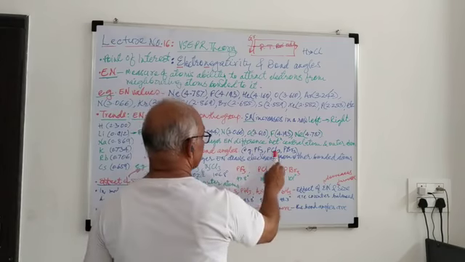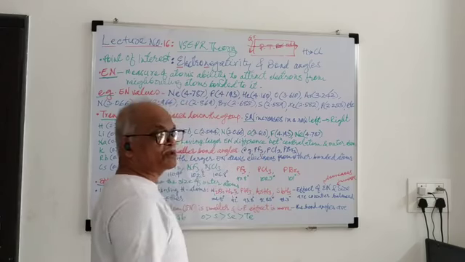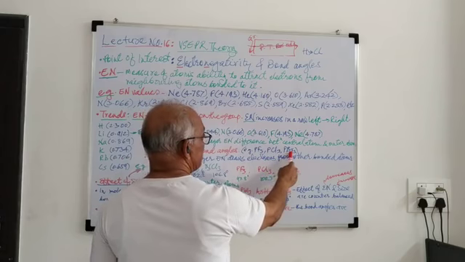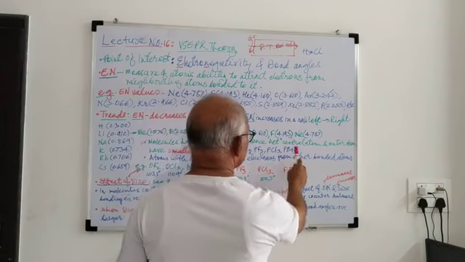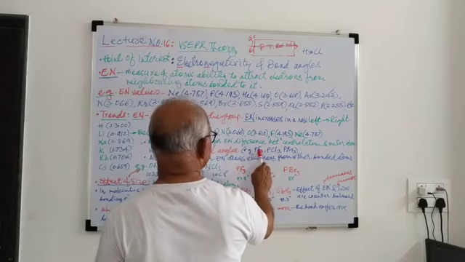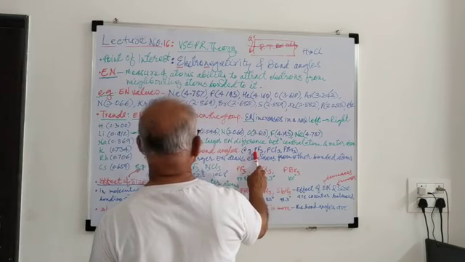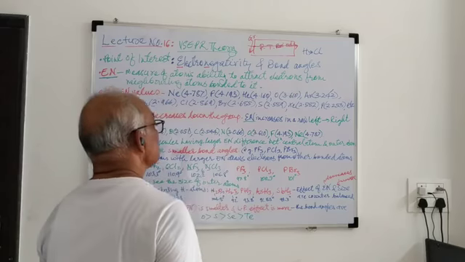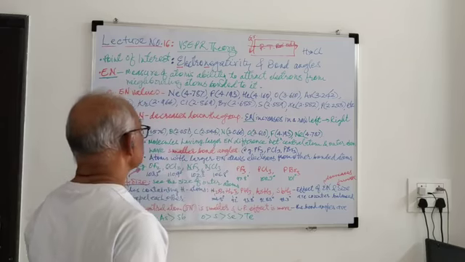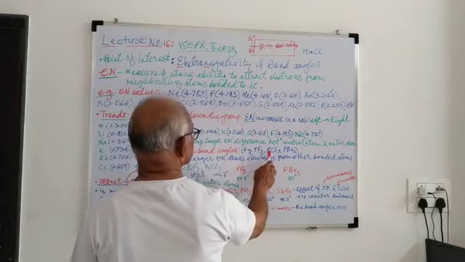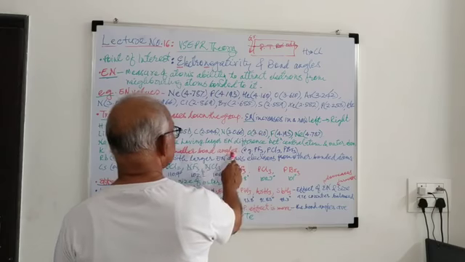Out of these three, fluorine is the most electronegative, next is chlorine, and then bromine. So the difference of electronegativity between phosphorus and fluorine is maximum. This maximum difference shows that the bond angles are smaller.